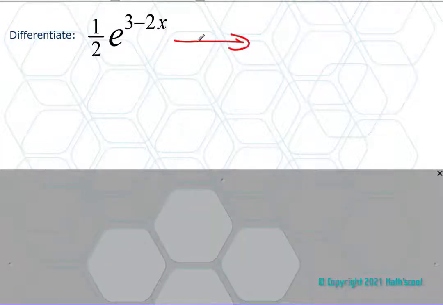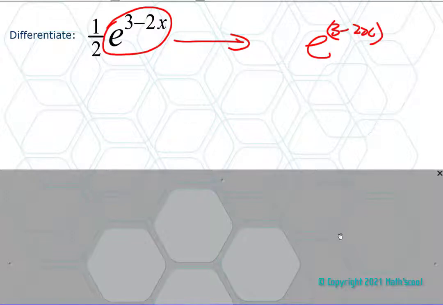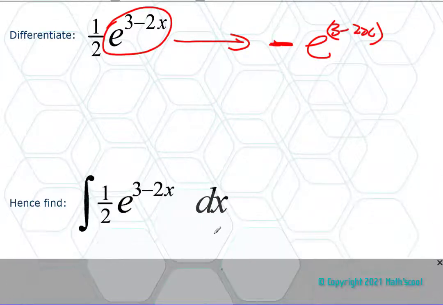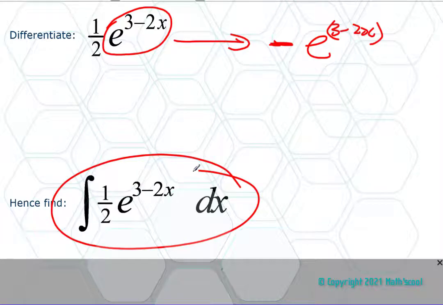Differentiate this. Differentiate e to something, you get e to the same thing, 3 minus 2x. And then there's a half here, but also you have to multiply by the differential of the bracket. So half times minus 2 is going to give you minus 1. And now it says integrate this. Well, I need to get rid of the minus, and I need to divide by 2.